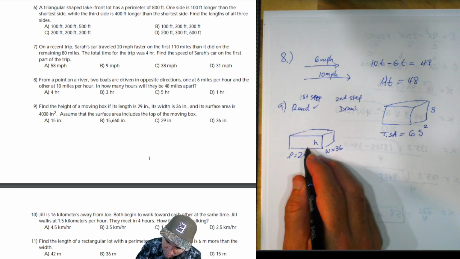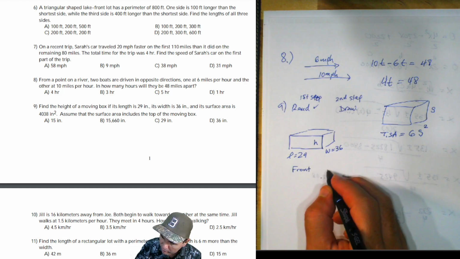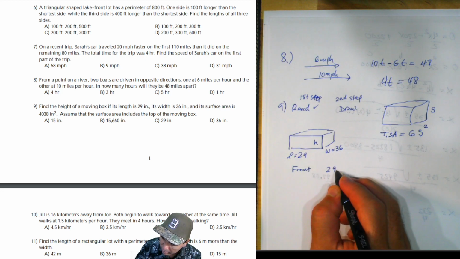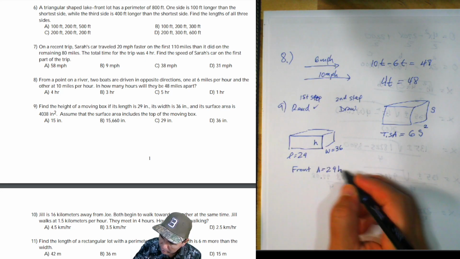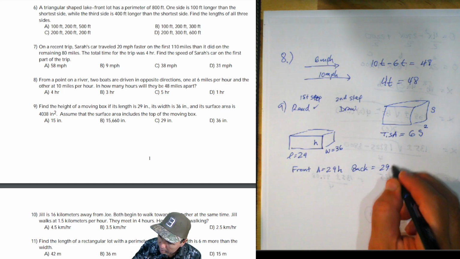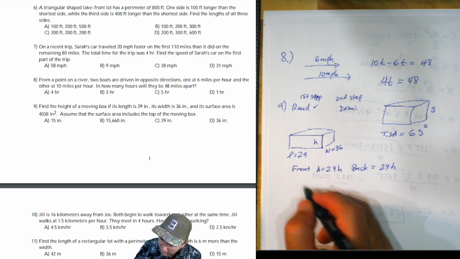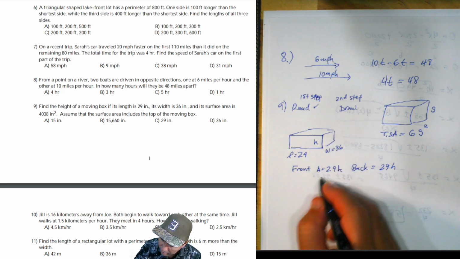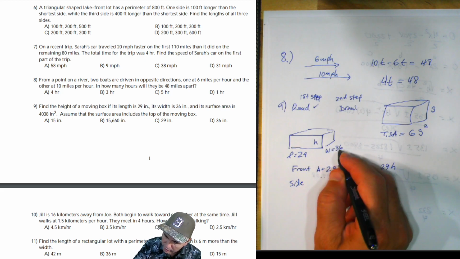So the first rectangle is the one in the front, right? So the front rectangle is going to be 29h. Area is going to be equal to base times height, so 29h. The back rectangle is also going to be 29h, right? Because base times height. Then we're going to have the side. We're going to have 36h, right?